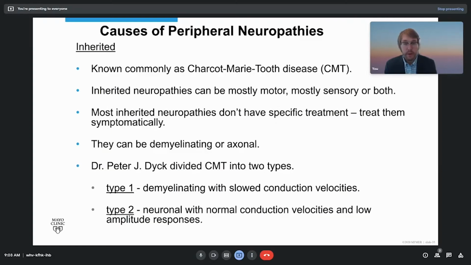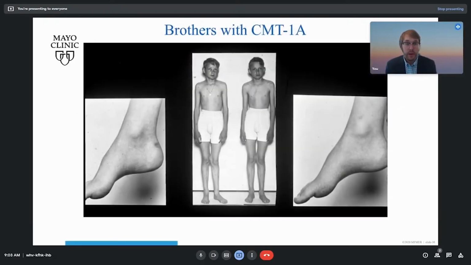Now there are many different forms and genes known to cause Charcot-Marie-Tooth disease, but we still use the Peter Dyck classification, type 1 and type 2. So here is a picture of 2 brothers that have Charcot-Marie-Tooth disease type 1A. You can see how similar their feet are, with higher arch in both cases.